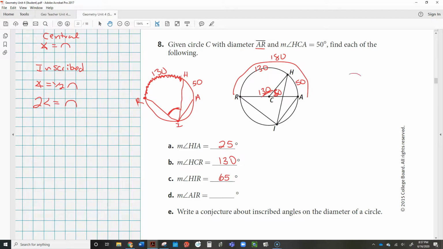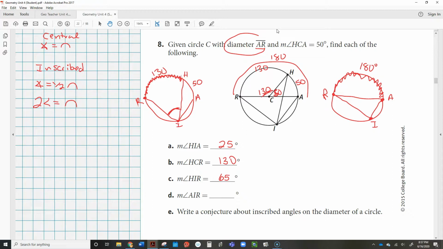Now they want the measure of angle AIR. Well, that's going to require a new picture. A, and then R, and then I is over here. Okay, what do you know about A and R? They are the endpoints of a diameter. So that means that this is a semicircle.